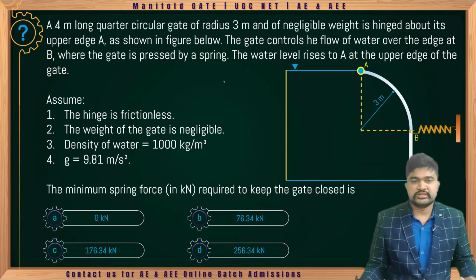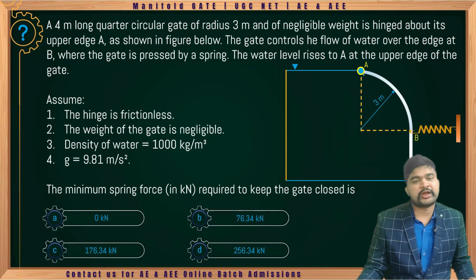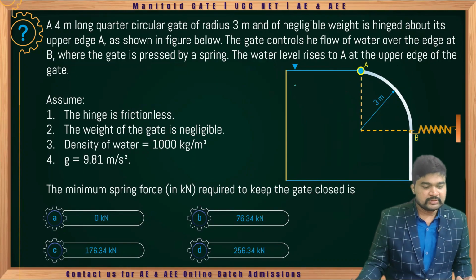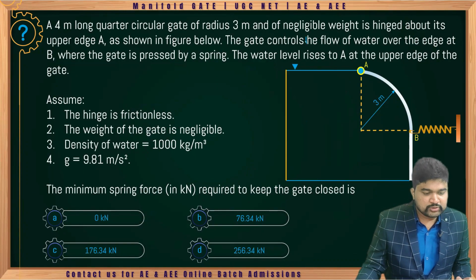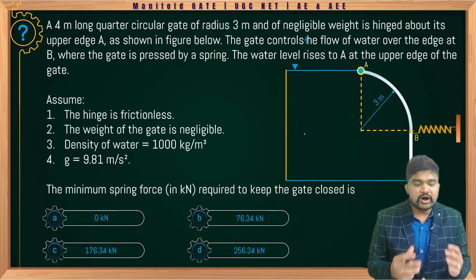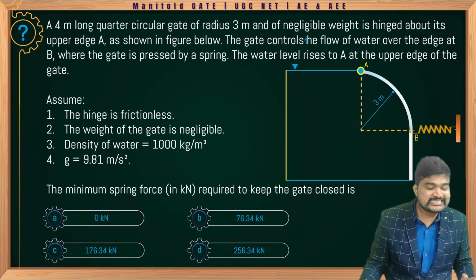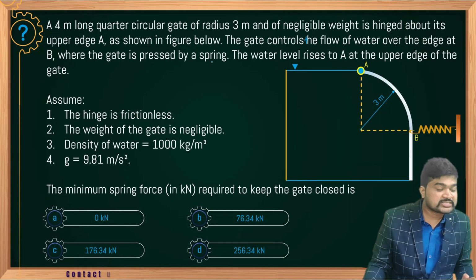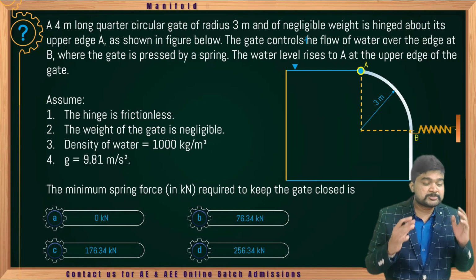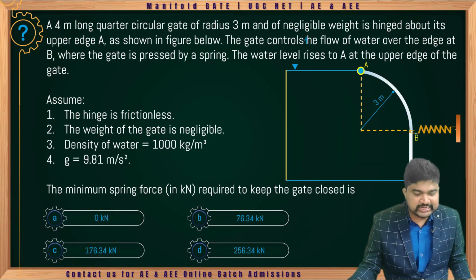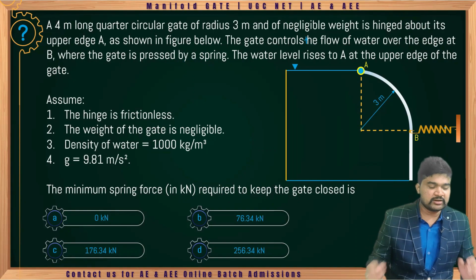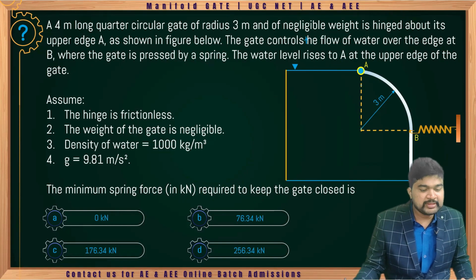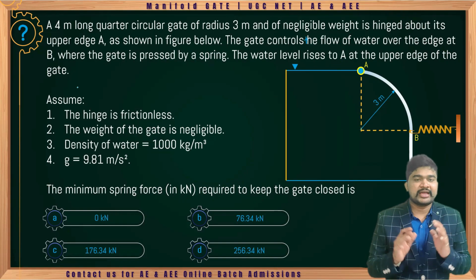As shown in the figure below, the hinge point is A. The gate controls the flow of water over the edge at B, where the gate is pressed by the spring. The water level rises to A, up to the upper edge of the gate.